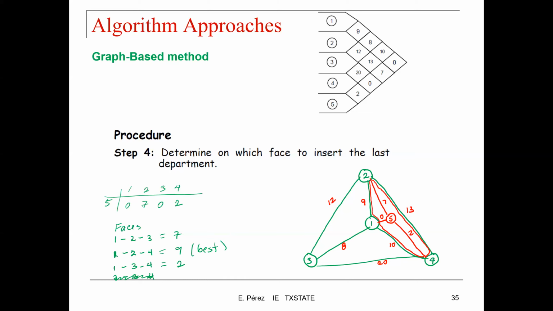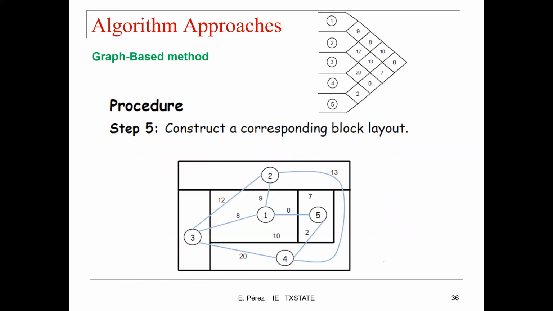So once we have this information, we can move to the next step, which is to construct a corresponding block layout based on the location of the nodes. So if we know the areas, we can identify the shape, which is not necessarily information that is provided.